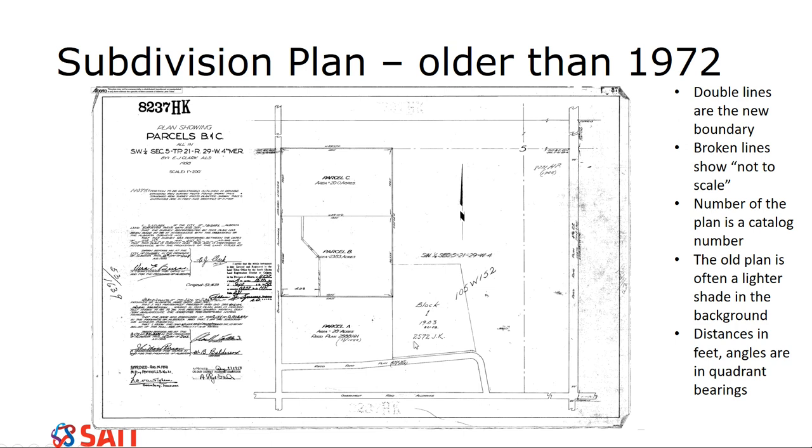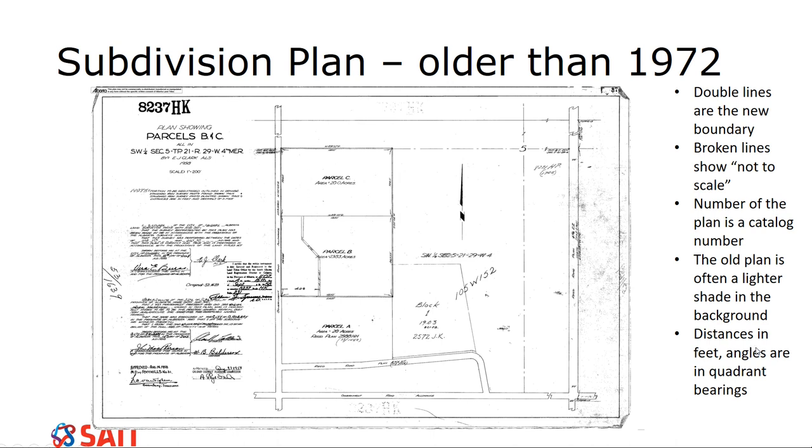We also have this older one, 2572 JK, and then the 2588 HH. So these are older plans that you would use to go out and have in the field. So you'd have to reference those when you're doing it. We don't see a lighter plan in the background in this one, and that's okay.